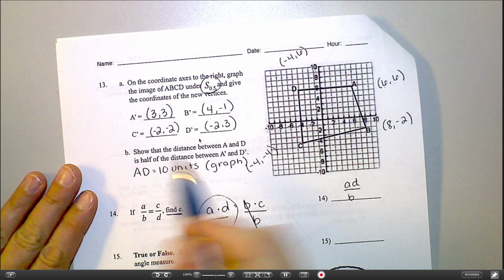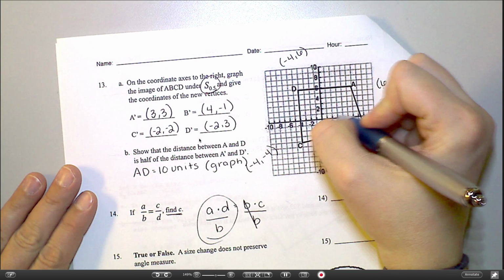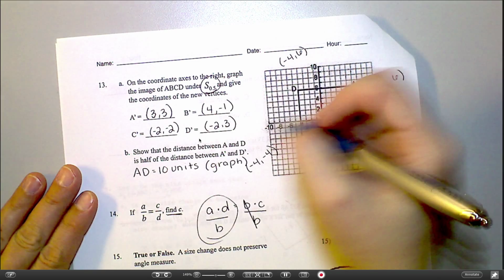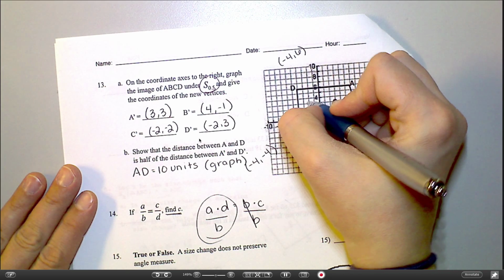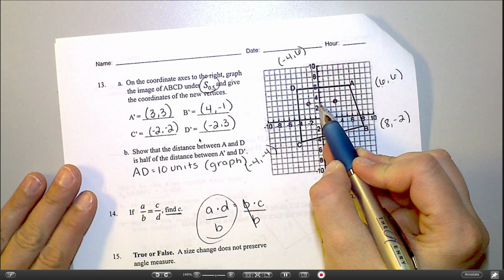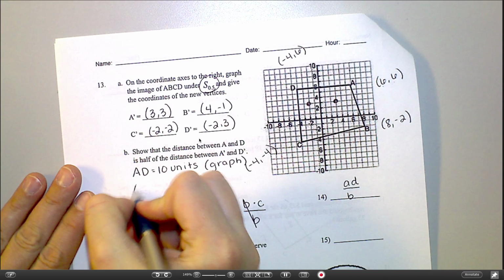And then A prime would be at 3, comma 3, and D prime would be at negative 2, comma 3. So from there to there is 1, 2, 3, 4, 5 units.